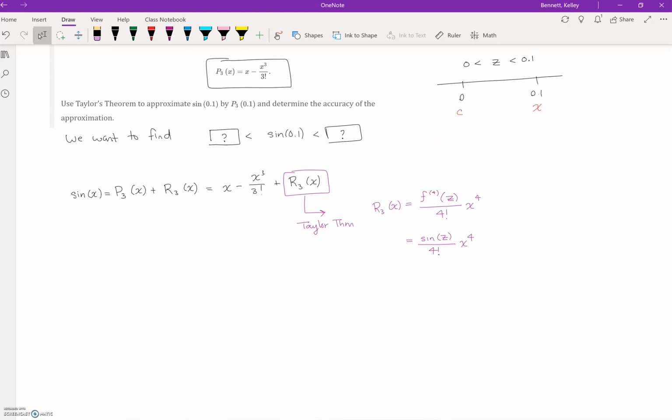So we know that the maximum value for z is 0.1, and that's great. But we don't know sine of 0.1. That's actually what we're after. So let's just be more generous with our boundaries.